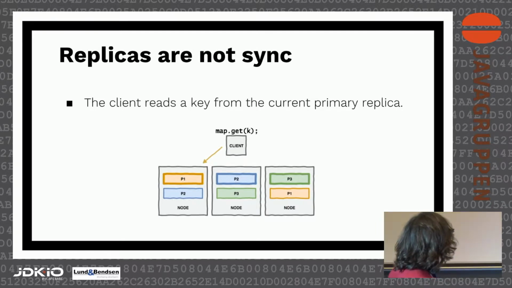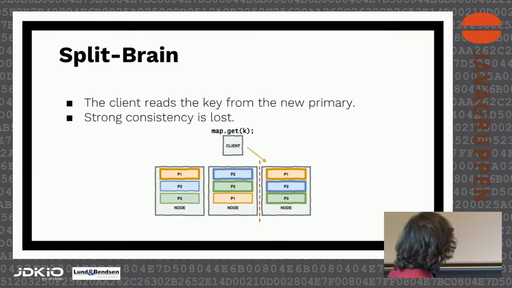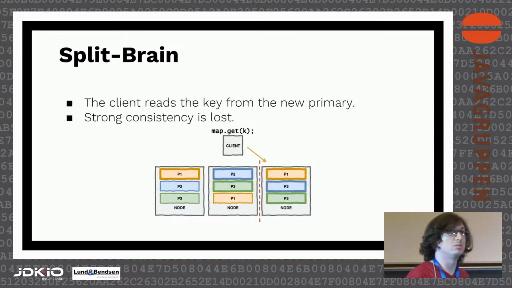We get the current value of the key from the current primary replica. Then a network partition splits the third node and our client from the rest of the cluster. Now each side cannot communicate with the other side, and they assume that the other side is just gone. This is a split brain situation.